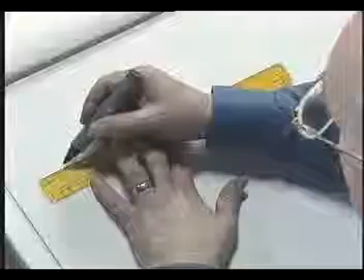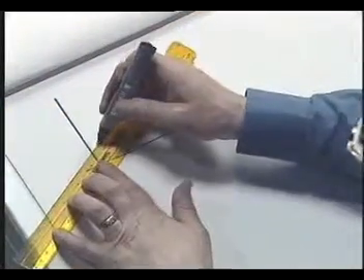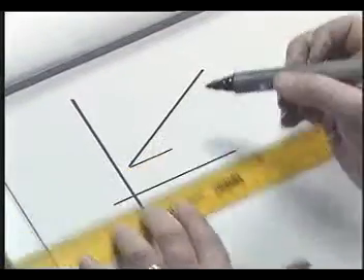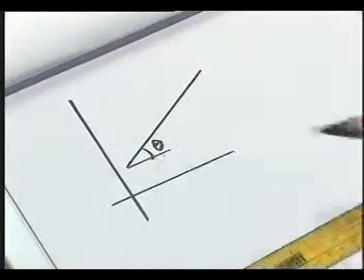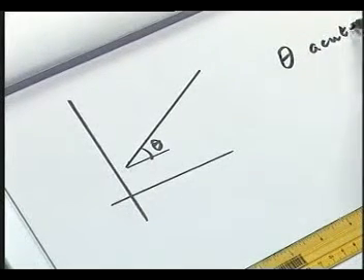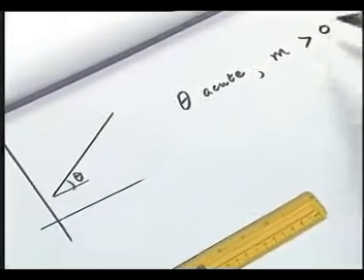Let me try and summarise all that behaviour. If you have a situation like this, where the angle that the line makes with the horizontal is acute, then the gradient will be positive.